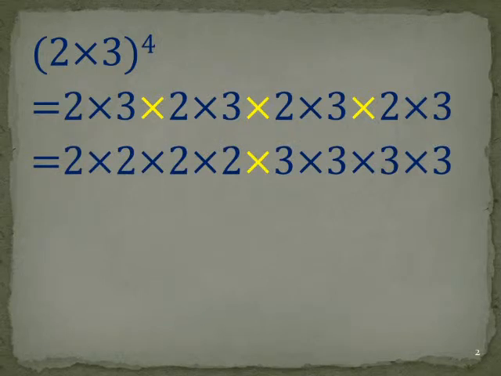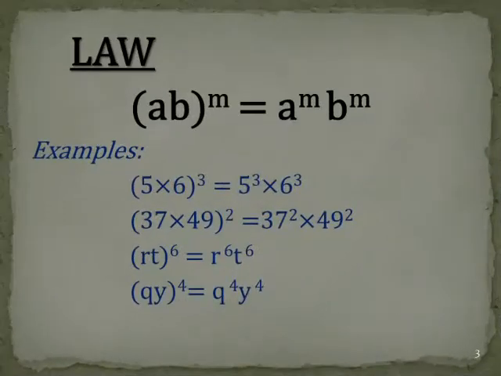Now, from this expanded form, we're going to look at all the 2's, and we're going to write the 2's as 2 to the power of 4 and 3 to the power of 4. This gives rise to our next index law, which is a times b all to the power of m is a to the power of m, b to the power of m.